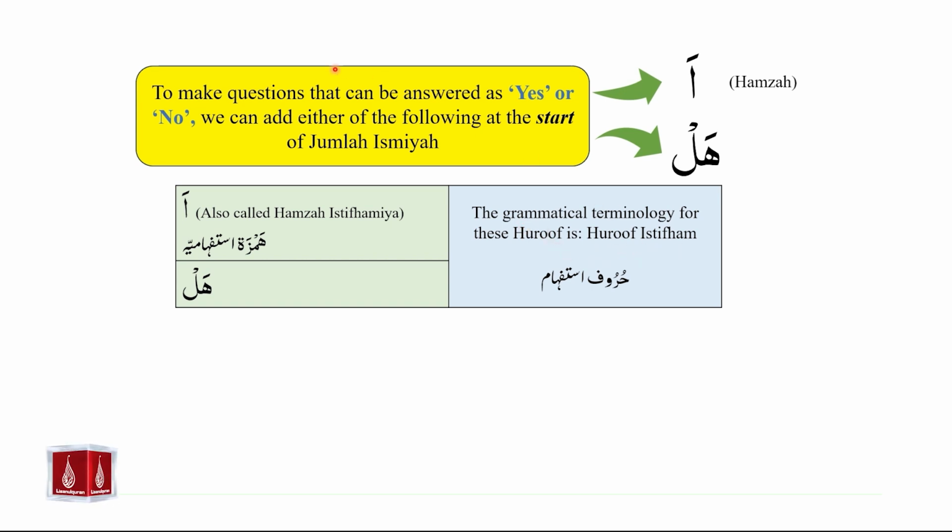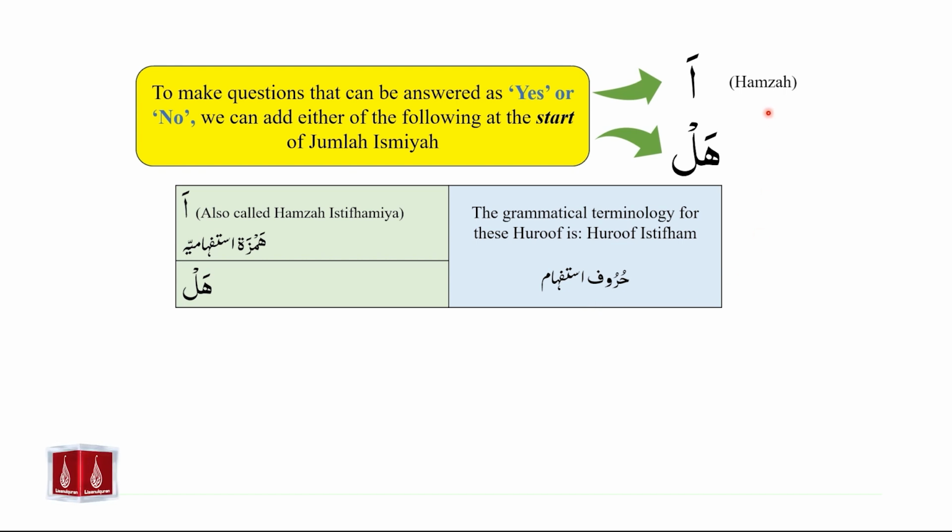To recap, if we want to make questions in Arabic that can be answered with yes or no, we can add either of the following huruf at the start of the Jumla Ismiya. We can add Hamza, which is called Hamza Istifhamiya, or we can add Hal. Please note that both Hamza Istifhamiya and Hal are called Huruf-e-Istifham.